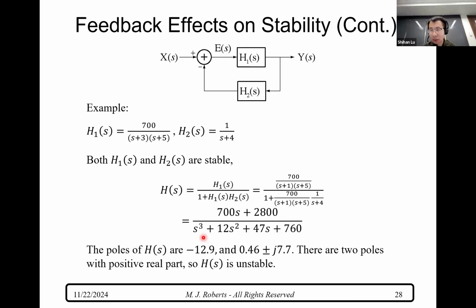We make the denominator equal to 0 and solve it, and the poles of the transfer function h of s will be -12.9 and 0.46 plus some imaginary number.